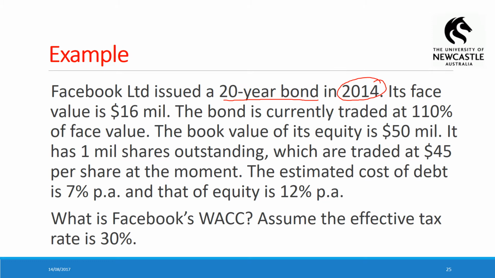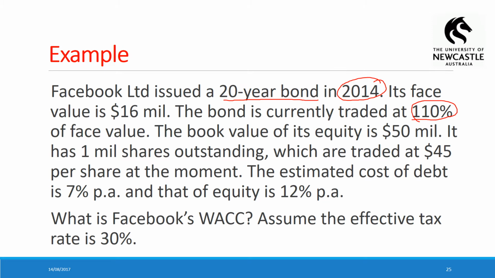The face value is $16 million. The current bond price is 110% of the face value, yeah? So the face value was $16 million. The current traded price is at 1.1 times $16 million, yeah?